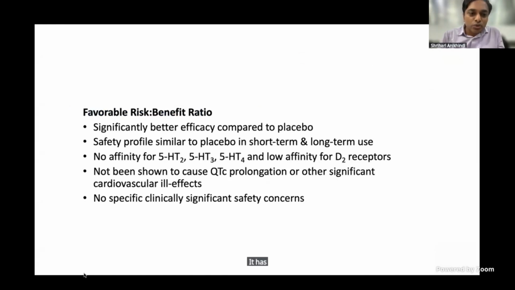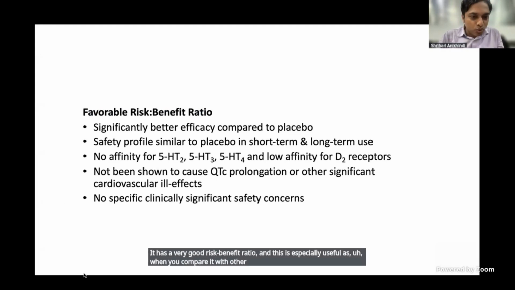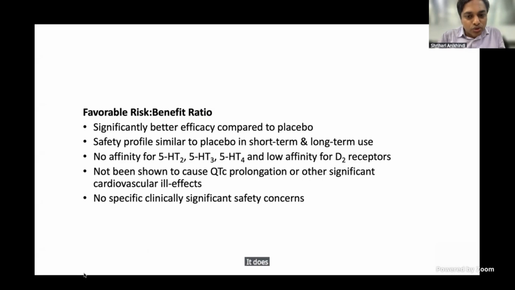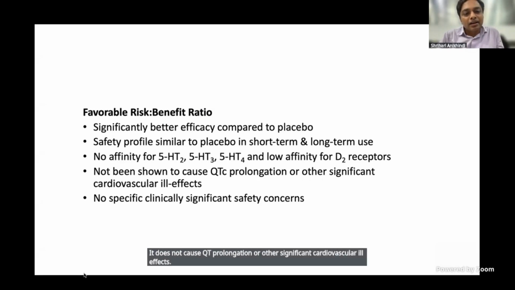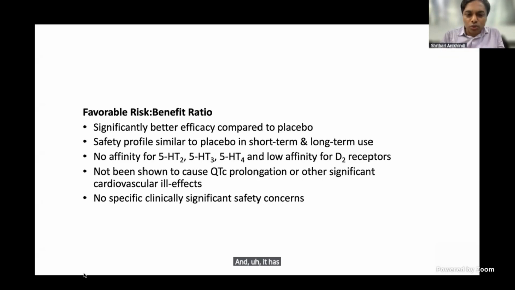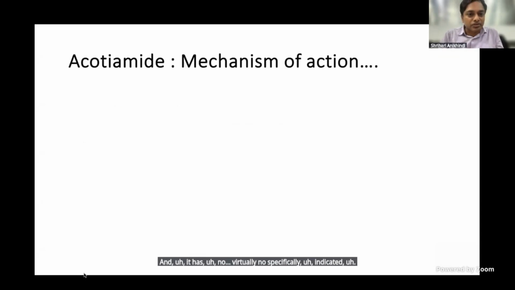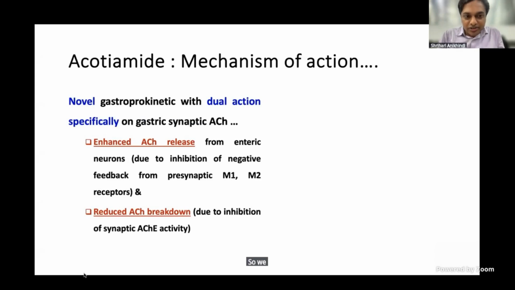It has a very good risk-benefit ratio, and this is especially useful when you compare it with other available prokinetics. It does not cause QT prolongation or other significant cardiovascular ill effects, and it has virtually no specifically indicated safety concerns.